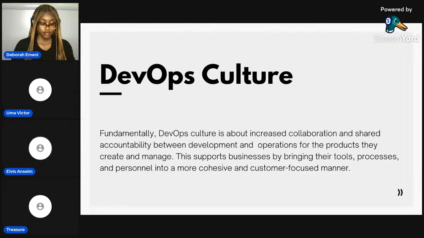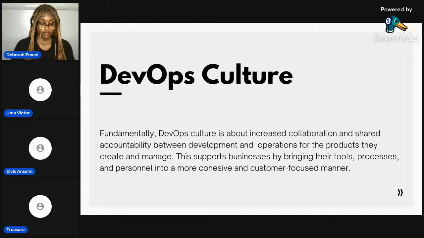Only improved collaboration, only when there is proper accountability between the software developers and the IT maintenance team, would there be a good or an efficient DevOps culture per se. So DevOps culture supports businesses by bringing their tools and their processes and their personnel into a more cohesive and customer focused manner.